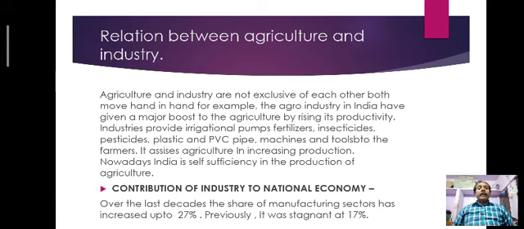Industries provide irrigation pumps, fertilizers, insecticides, pesticides, plastic and PVC pipes, machines and tools to the farmers. It also assists agriculture in increasing production.